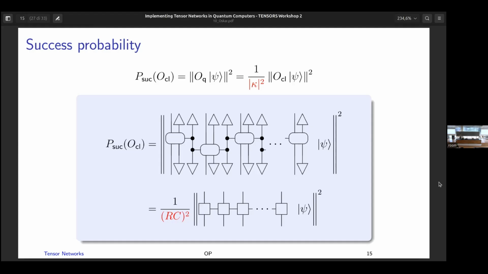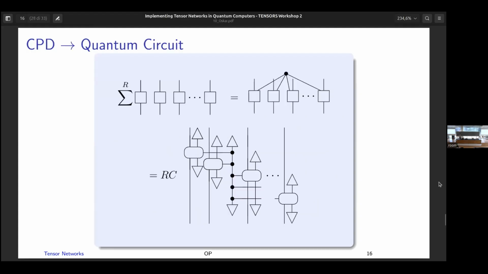The next tensor network that I want to implement is the canonical polyadic decomposition. The canonical polyadic decomposition is this kind of tensor network. It's a sum of a tensor product of matrices. In the tensor network formalism, we can use this delta tensor to connect all the matrices in a sum.